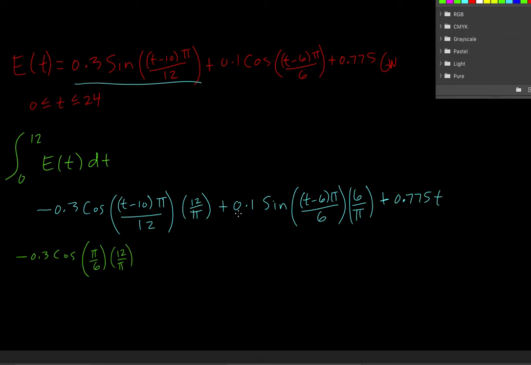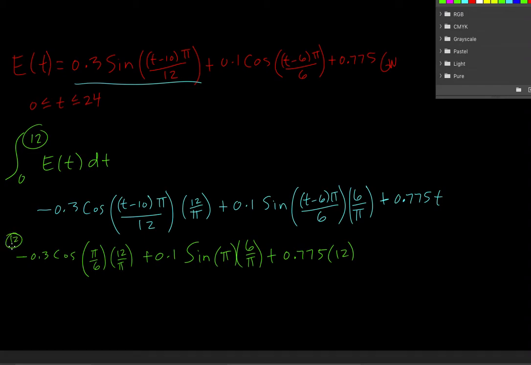And then right here, I have plus 0.1 sine, and if I plug in the 12 here, 12 minus 6 is 6. 6 over 6 cancels, so I get sine pi, and then 6 over pi is still there, plus 0.775 times 12. So that's just when I plugged in 12. So that's what this thing is.